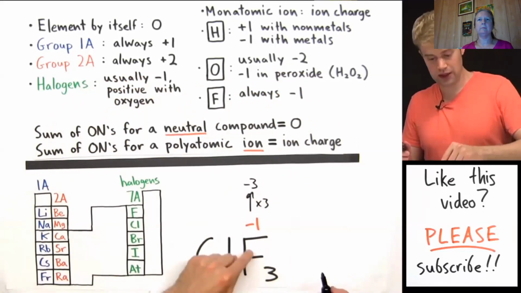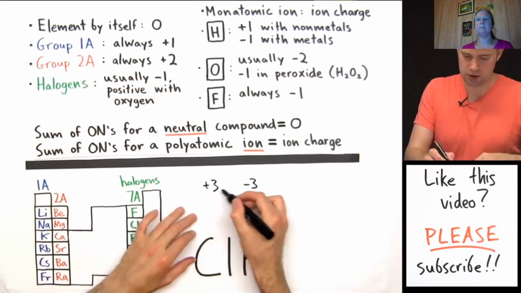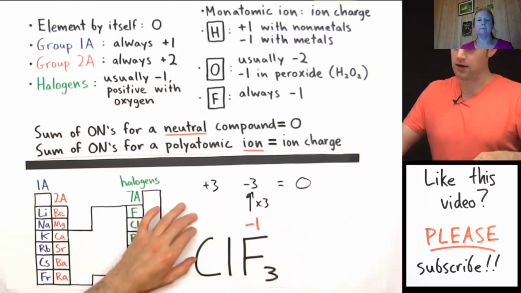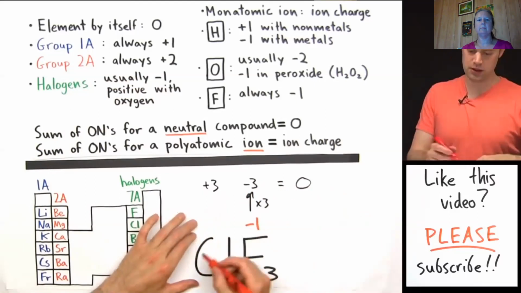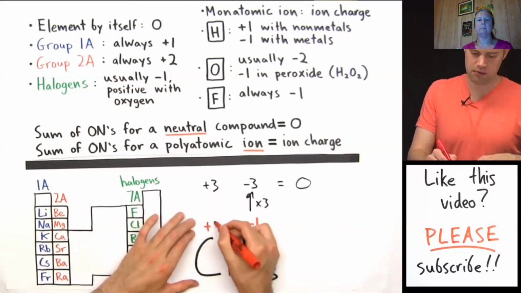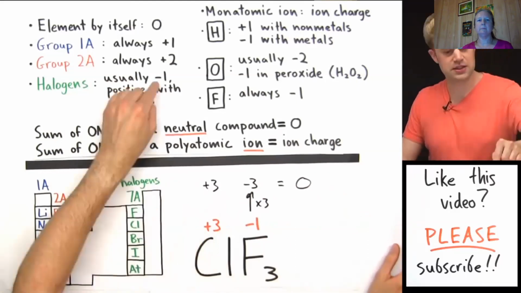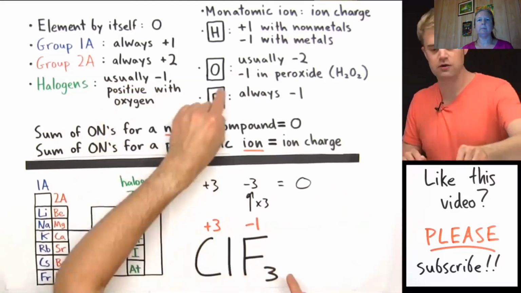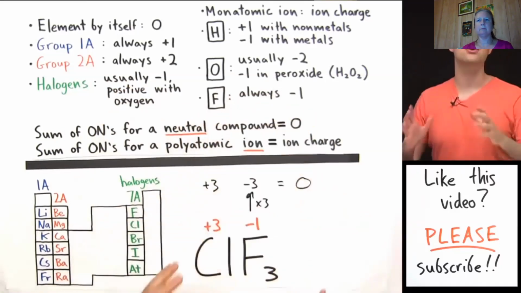So fluorine gives us -3, chlorine must be +3, so that these can add together to give us 0, since this is a neutral compound, which means that chlorine's oxidation number must be +3. And it's +3 instead of -1 because it's paired with fluorine, which is always, always, always -1 no matter what.